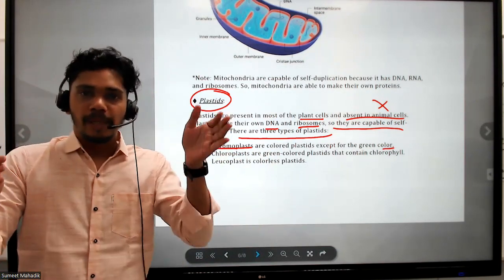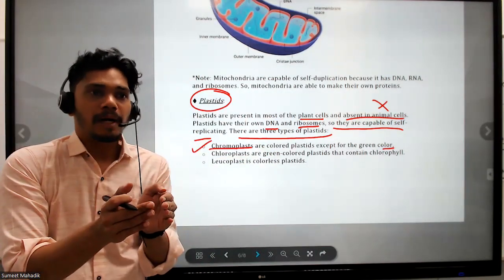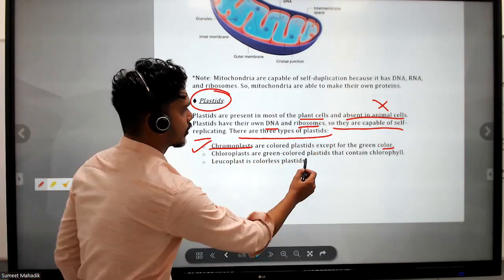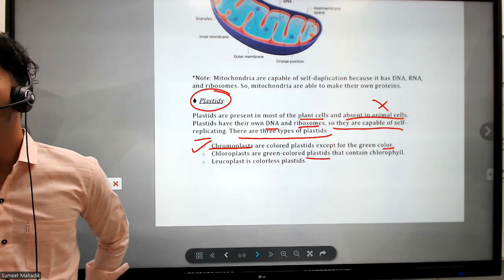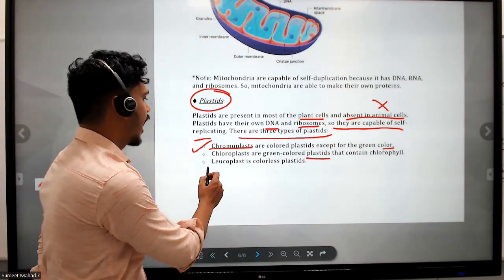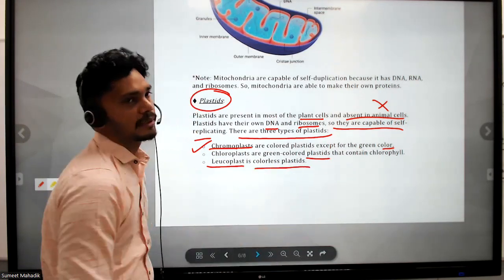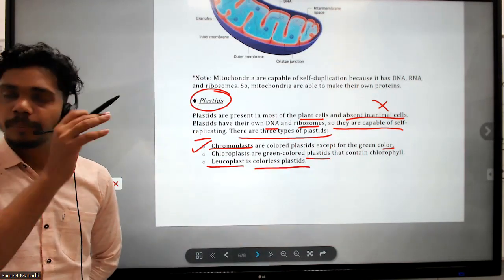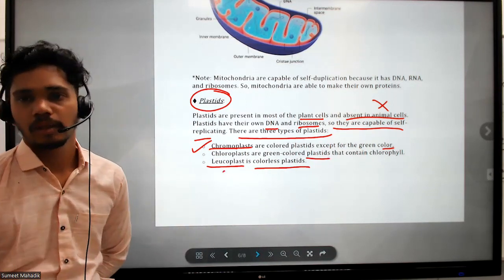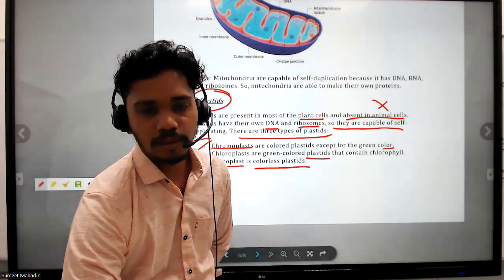Green color pigments are stored in one department that is called the chloroplast. Chloroplasts are green colored plastids. So plastids are only contained by plant cells because they need pigments, right? And leucoplast is a colorless plastid. A plant is never transparent, but still a leucoplast is there. Have you understood this?